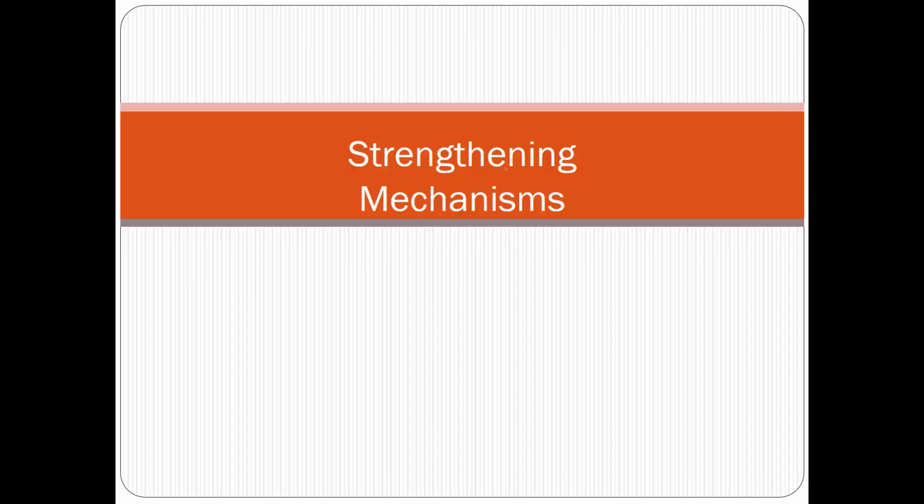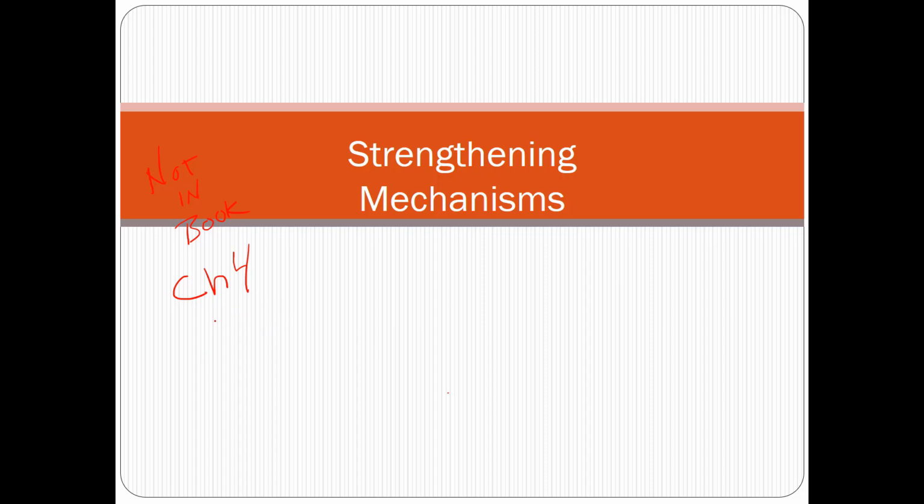Strengthening mechanisms. One note here is this chapter is not in your book. Remember, we did chapter 4 PowerPoint. We read chapter 4 in the book, but there are no questions out of chapter 4 out of your book.